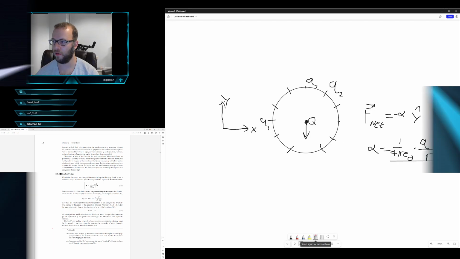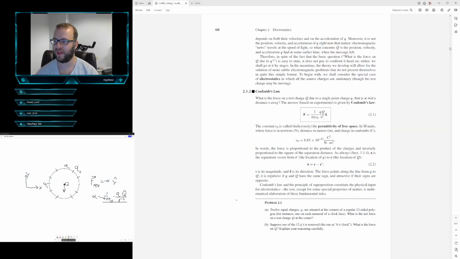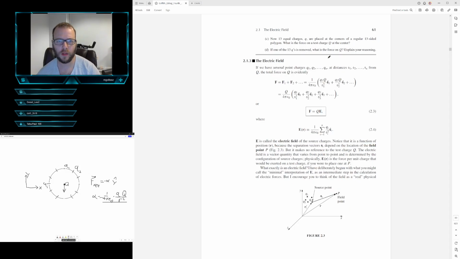There's our first idea of electrostatics. The idea that the force due to a charge is proportional to the accumulation of all the other charges that are acting on it. Okay.